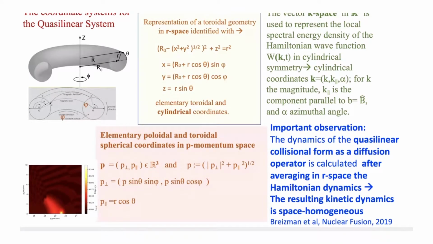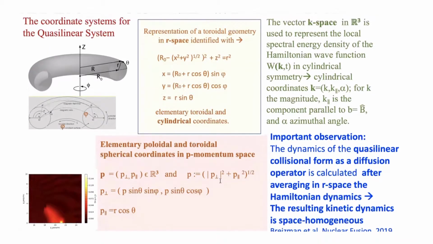The parallel part corresponds to the direction of the radial component, so it would be the parallel component in the poloidal direction of the magnetic field, while this one is in the toroidal direction of the magnetic field. And then, okay, this is a decomposition. This decomposition is orthogonal, and that is very important as we are going to be describing the equations and the scheme.